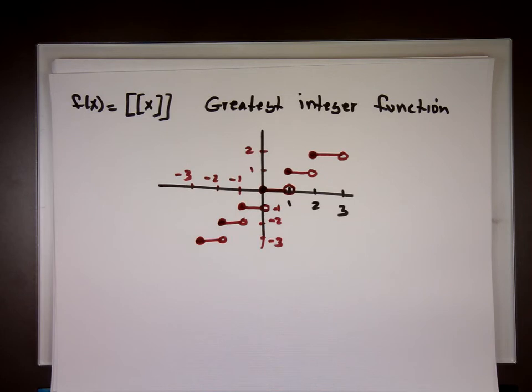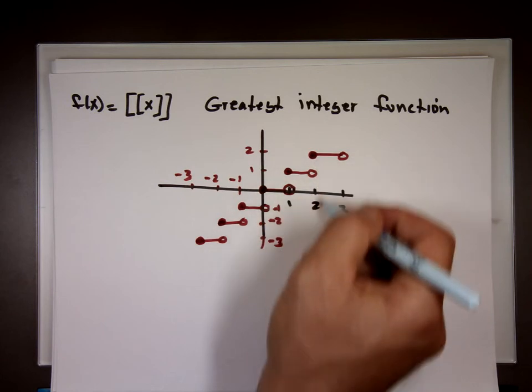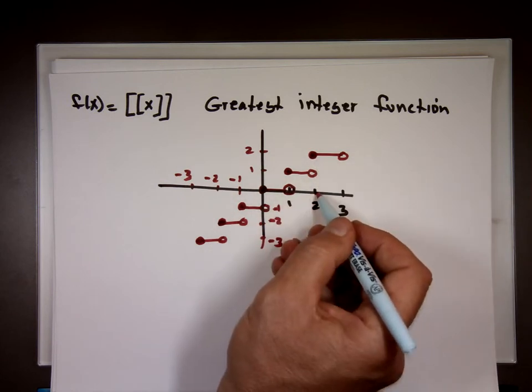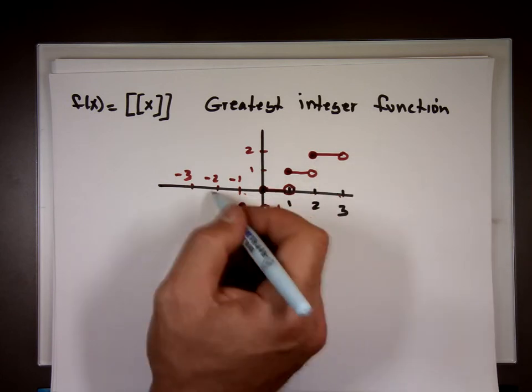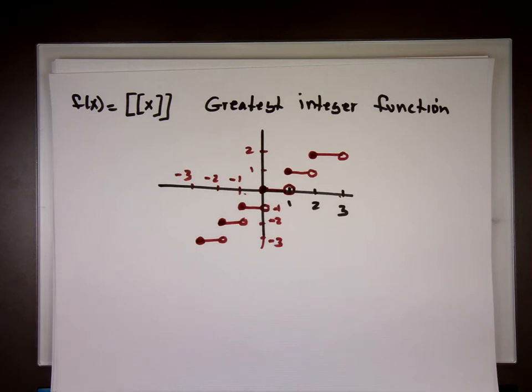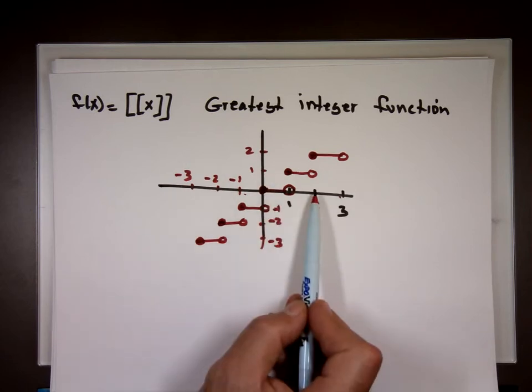Now, this function does not have a derivative at 1, at 2, at 3, at 0, at -1, at -2. Why? What's the derivative? The limit. So what is the limit as x approaches 2 from the left side? 1.